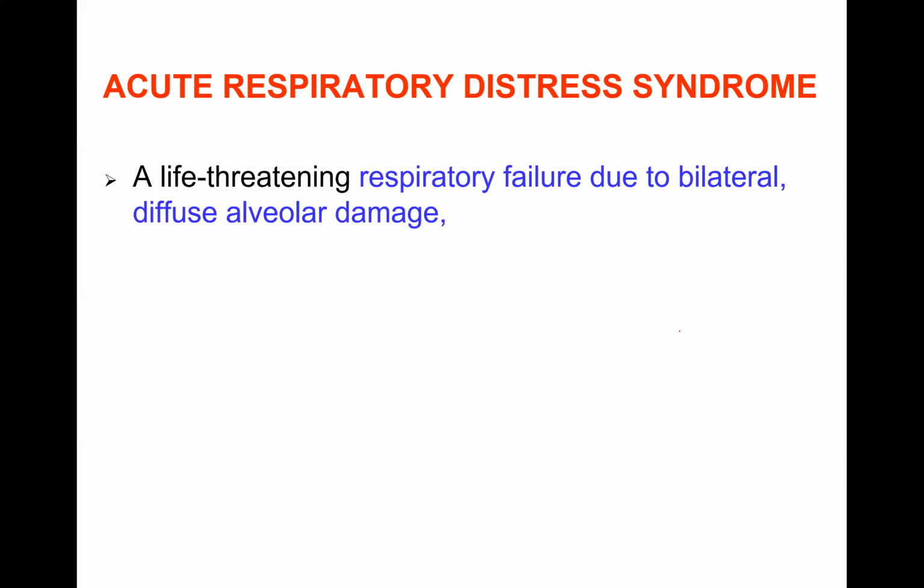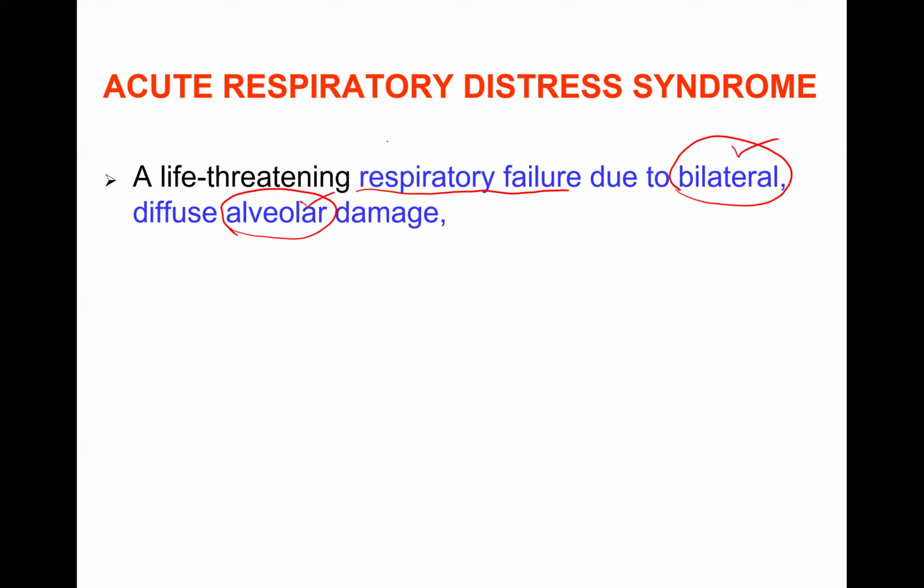ARDS, or acute respiratory distress syndrome, is a life-threatening respiratory failure due to bilateral diffuse alveolar damage. So it is an acute respiratory failure in which both lungs are damaged at the alveolar level.